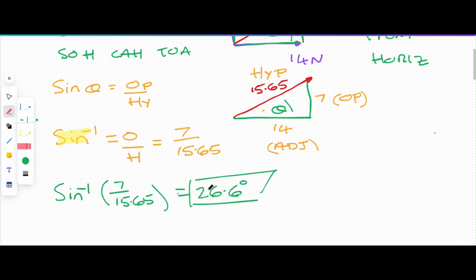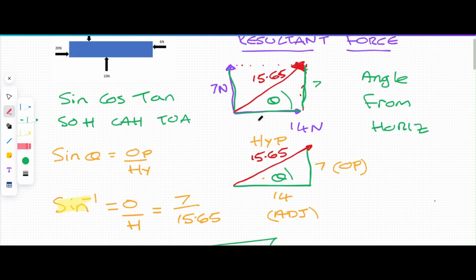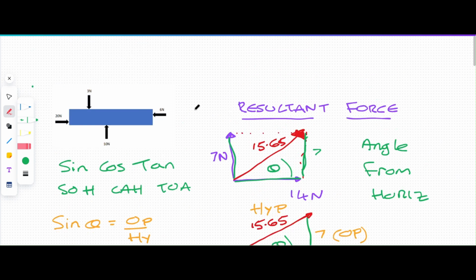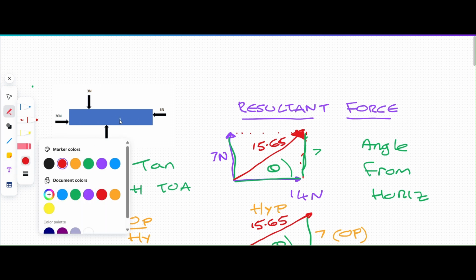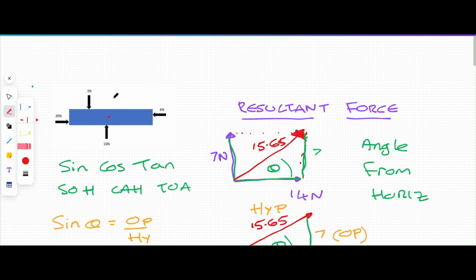Okay, so all that means is that we now know the size of this force and we know the angle and direction. So I'll just draw a line on here so you can see what's going on. I just draw a line roughly, right?